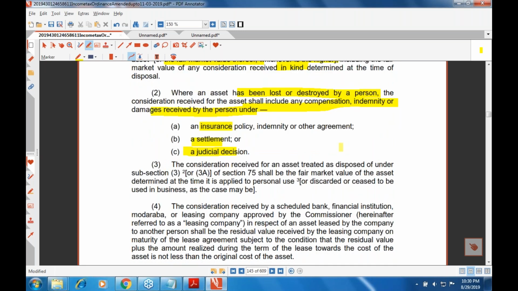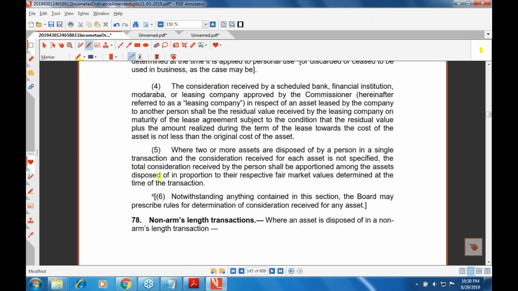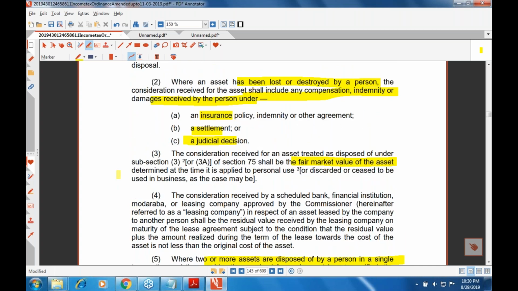If the asset is applied to personal use, then the fair market value should be considered as the consideration. Where two or more assets are disposed of in a single transaction and consideration received for each is not specified, total consideration shall be apportioned amongst the assets. These are the few things that you need to remember about what exactly the consideration is.